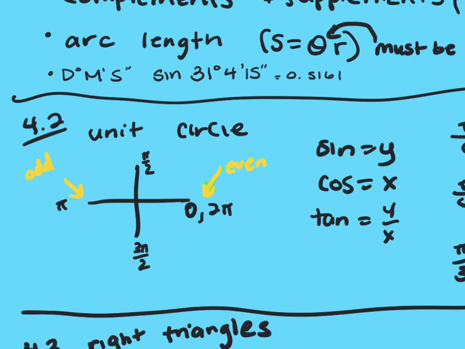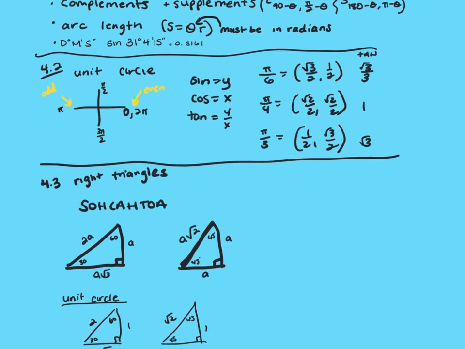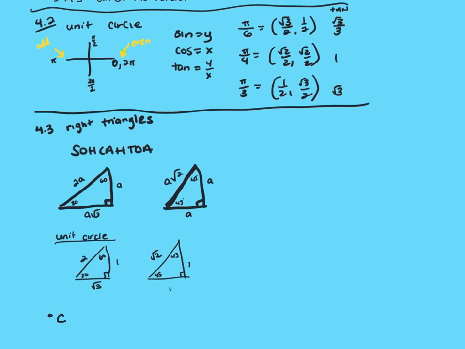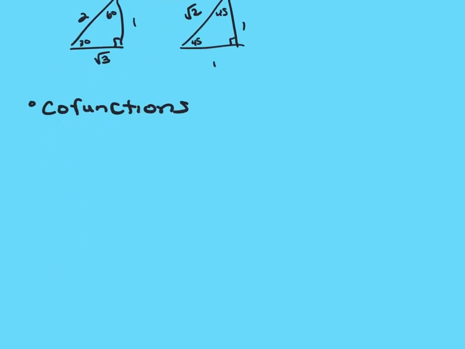I think that's it. Let me look. Oh, cofunctions. Okay, so remember that with the cofunctions, sine goes with cosine, tangent goes with cotangent, and secant goes with cosecant, and it goes with the complement.